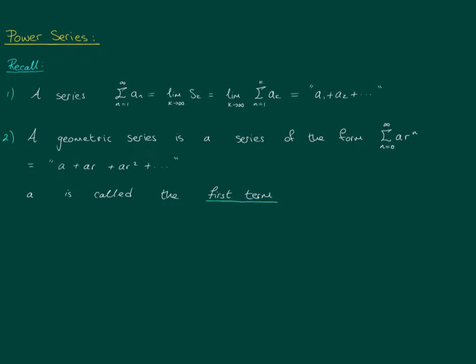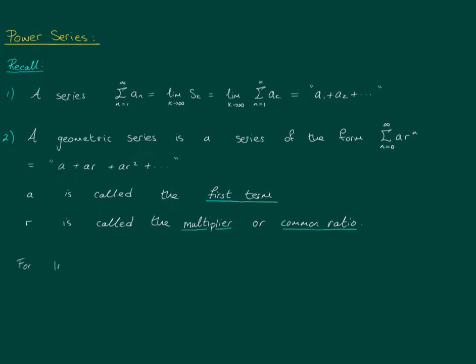And r is called the multiplier or common ratio. So the special thing about a geometric series is you start off with a number a, and to get to the next term you just multiply by r, and you keep multiplying by r and putting plus signs down. Okay, that's a geometric series.